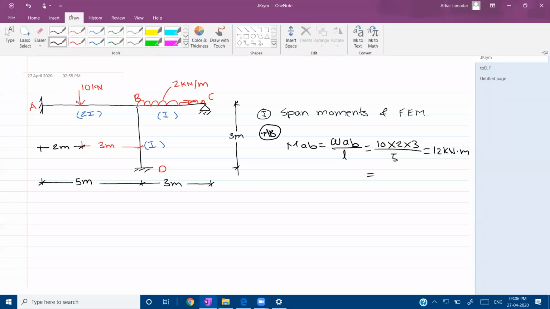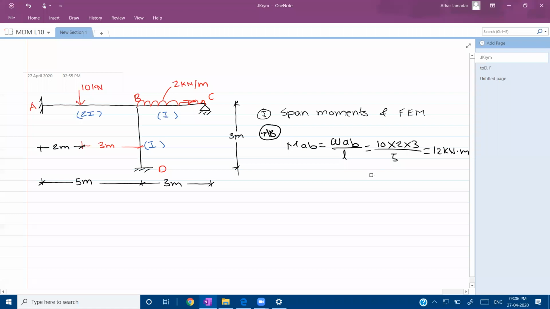Now next is fixed end moment AB. So for that, MFAB is going to be minus Wab square upon L square. So W is 10, a is 2, b is 3, divided by L is 5.